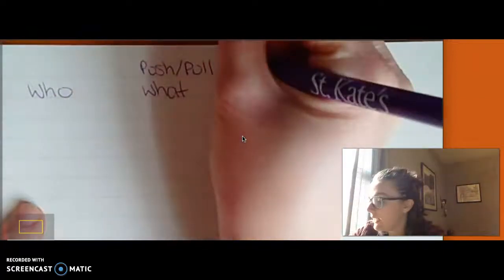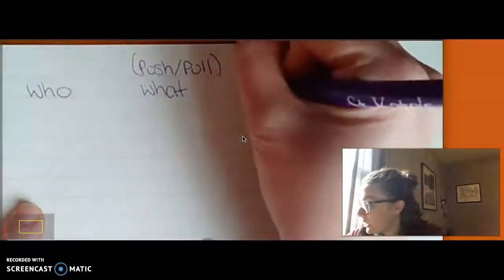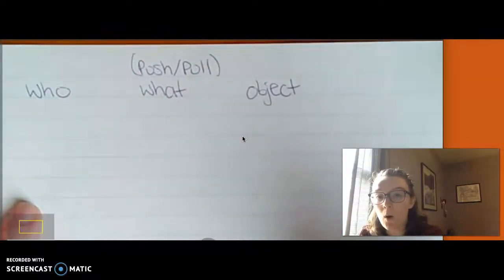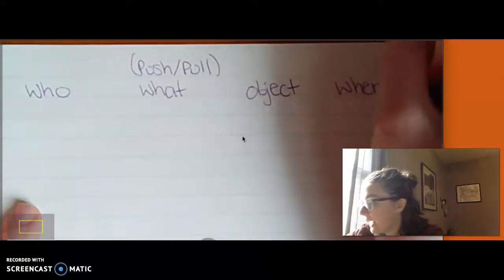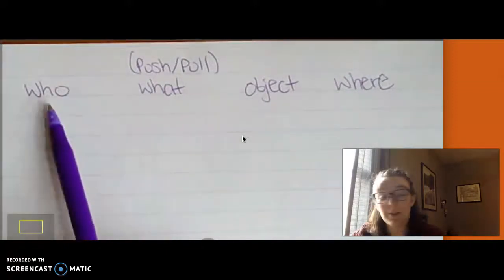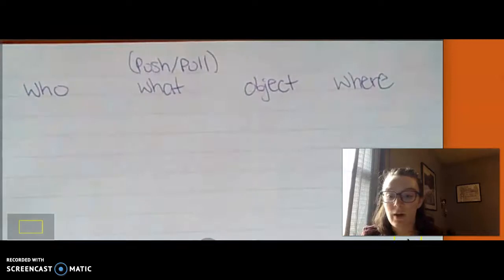So a who, a what, an object that's being pushed or pulled, and then we need to know where, so direction. We need to know where that object then is going. So when we look through these pictures, we're looking at these four things and trying to answer those questions.